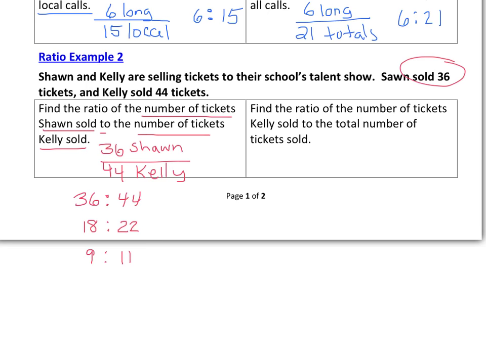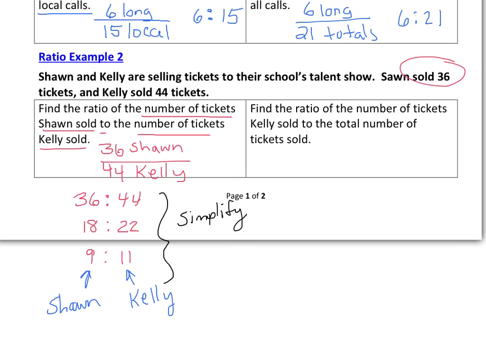So it's always a good idea to put ratios in the simplest form you can. And what does this mean? That means for every 9 tickets that Sean sold, Kelly sold 11.